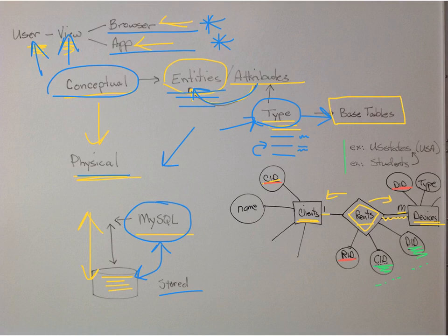Here's a little bit of an ER diagram. I took the mandatory part off there. One client can rent many devices. Do you see that? One client can rent many devices, or a device can only be rented by one client. Right? Okay, you can't have a device rented by 2 people.